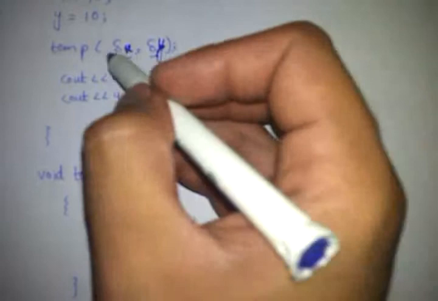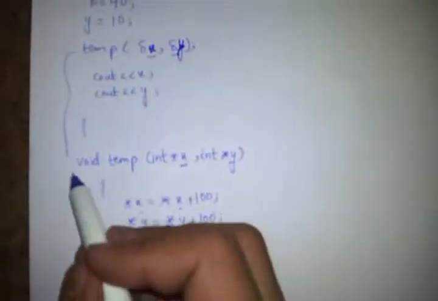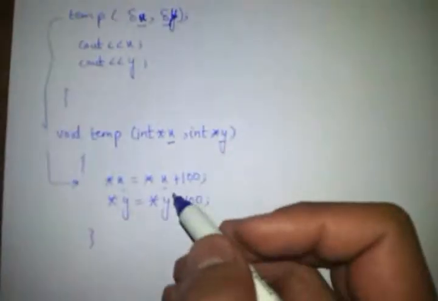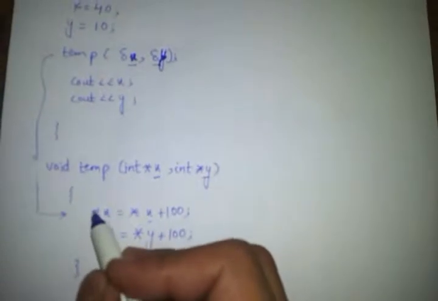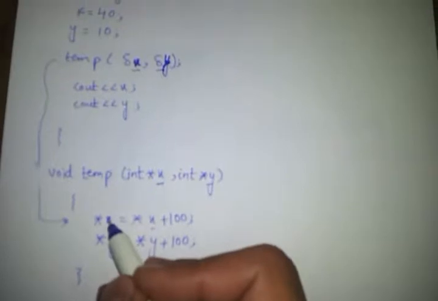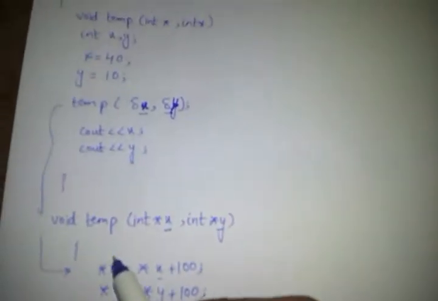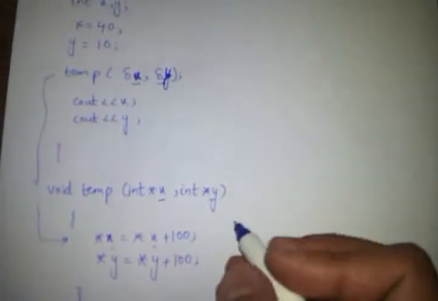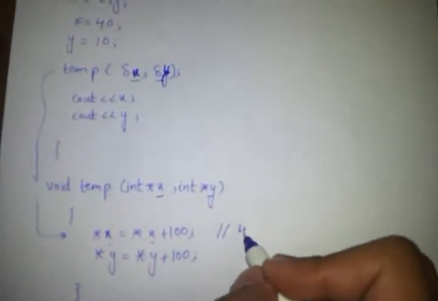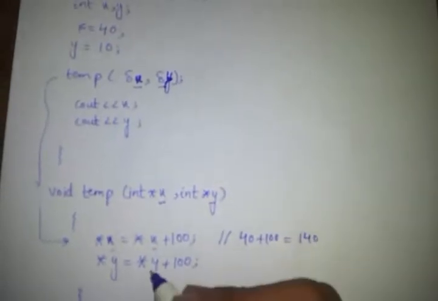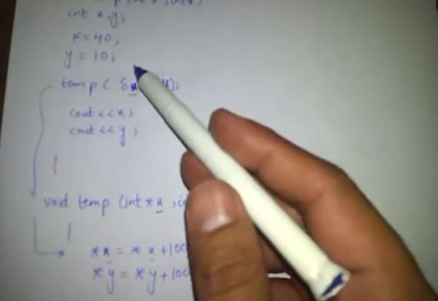Now what happens? Our program flow goes from there to here. The asterisk sign, as we know, is the dereference operator. It means the value pointed to by x. So the value pointed to by x is 40. And here, in other words, this means 40 plus 100. It would give us 140. And the value pointed to by y was 10.